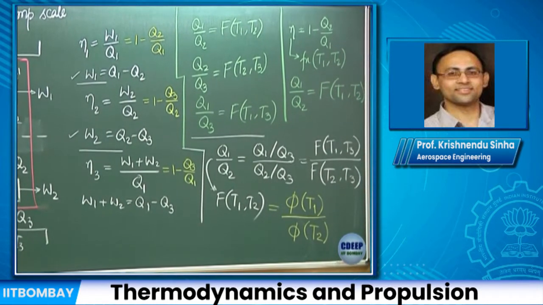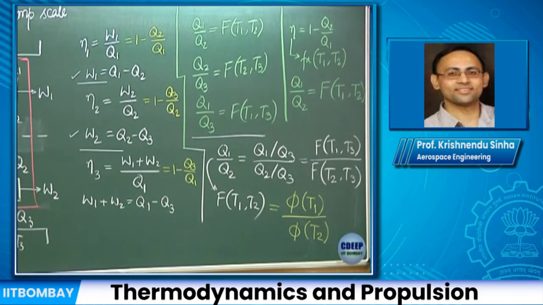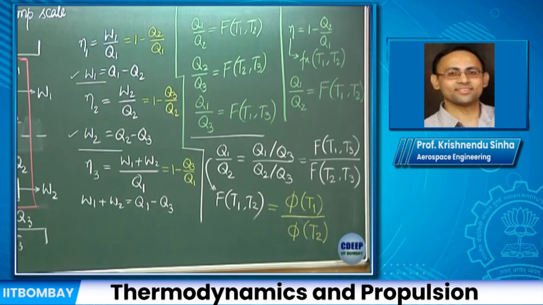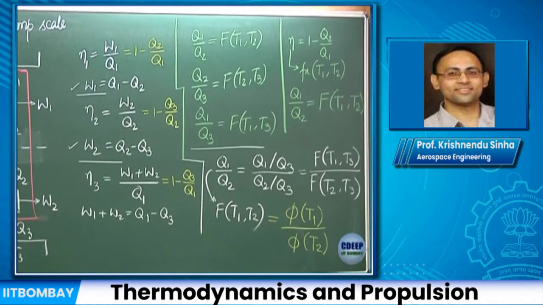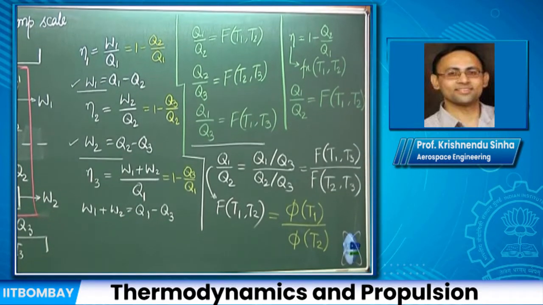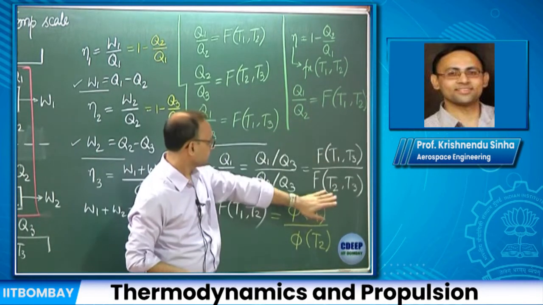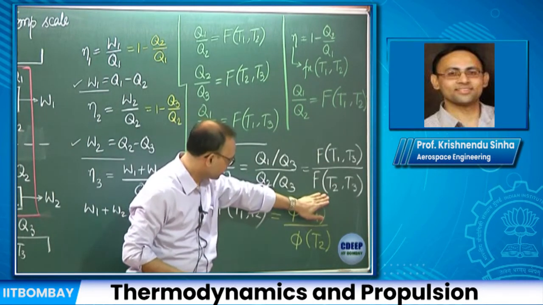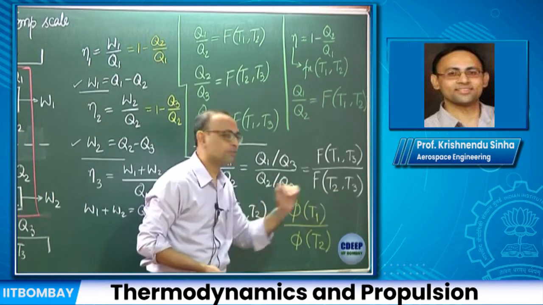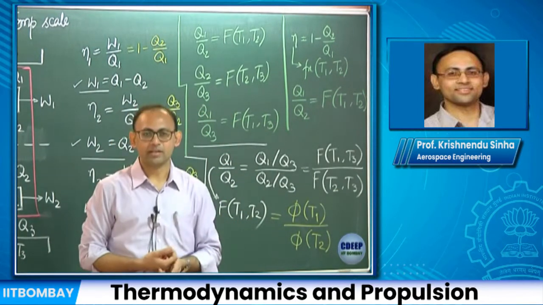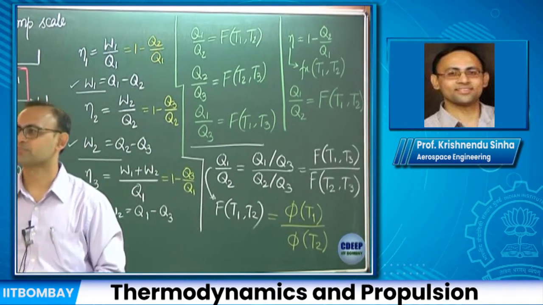It can be any function phi, but as long as it's the ratio of these two, T3 is bound to drop out. On the right hand side you can replace the numerator by phi of T1 divided by phi of T3, and the denominator by phi of T2 divided by phi of T3, and the T3 part cancels out. It's fairly obvious.